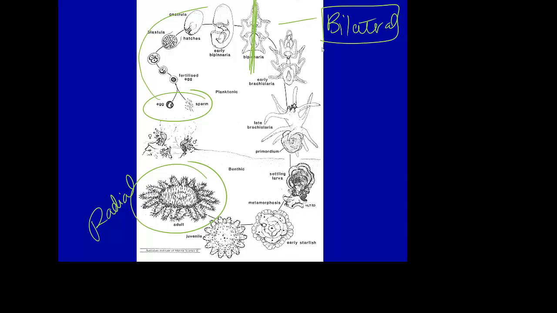Now, I agree, as they grow up and go into adult stage, this looks much more radial to me, right? As opposed to the bilateral in the larval stage. But keep in mind, we identify these organisms on our tree based on their developmental larval stage, and that in this case is bilateral.